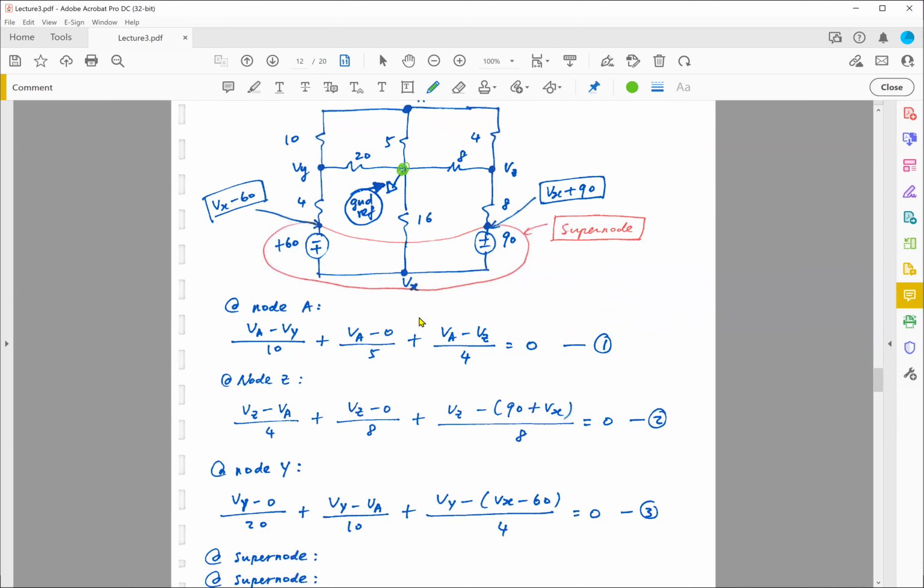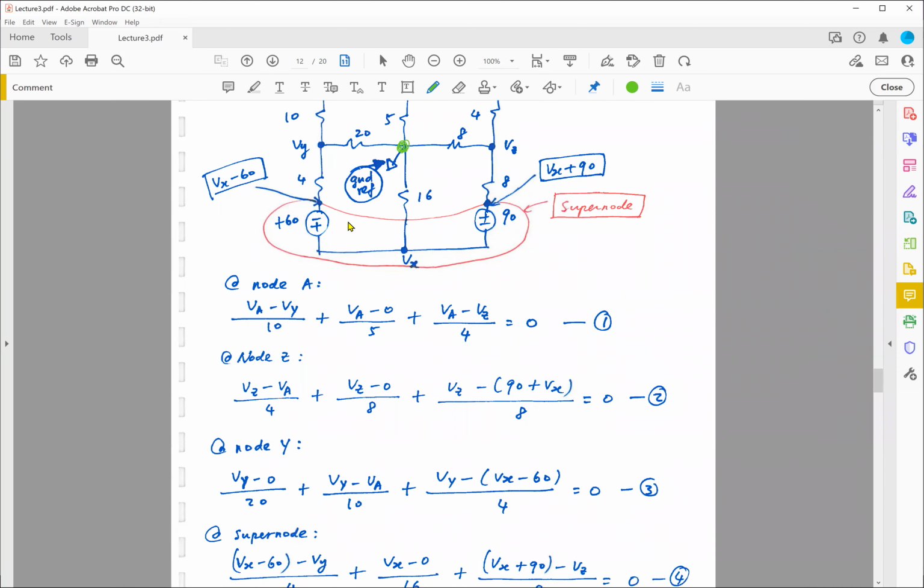Save the best for last. Supernode. This is my supernode, right? Floating voltage sources, and in this case, I have two voltage sources, and that's fine. For this supernode, if you look at this red circle, it encompasses this node, this node, this node, and this node.